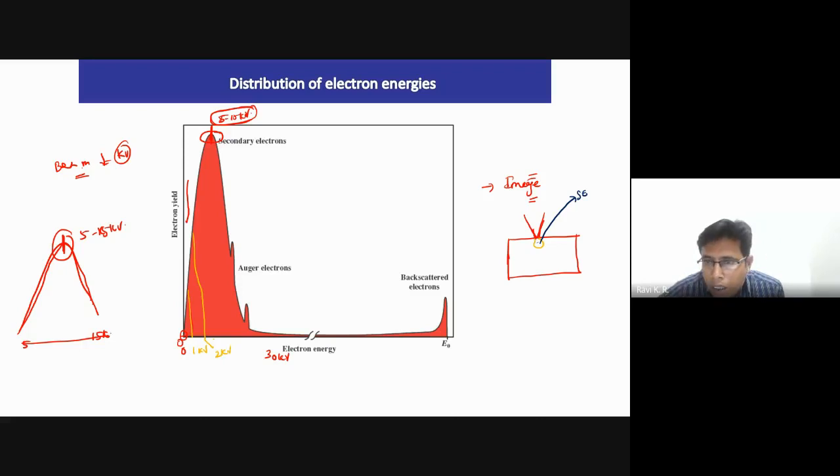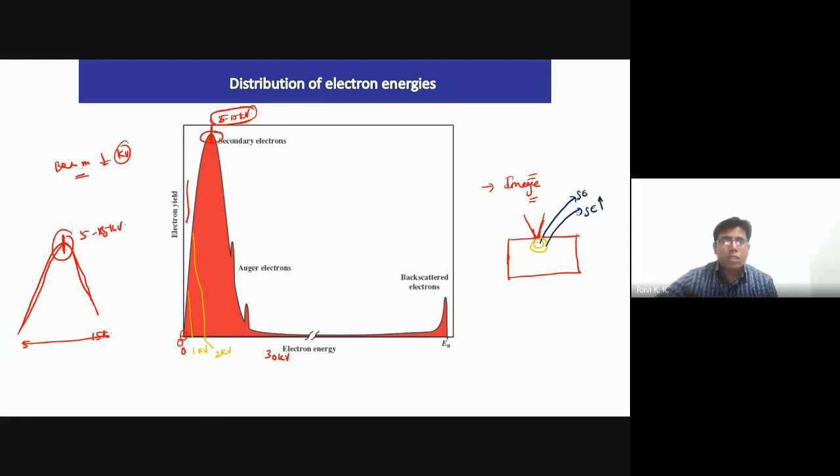Automatically this volume will increase, so the number of secondary electrons coming out is going to increase.